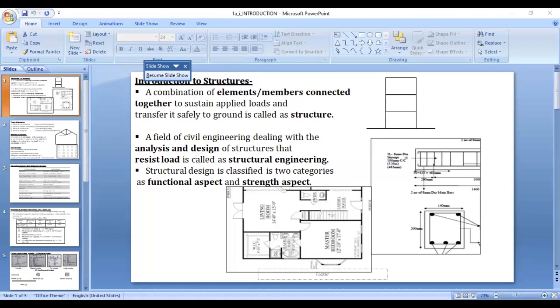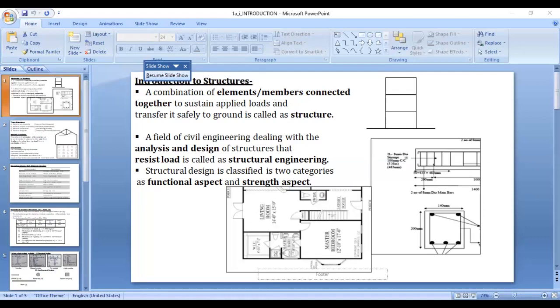So the first difference is that concrete structure is cast in situ, that is, cast at the site, whereas steel structures are fabricated and erected at the site.